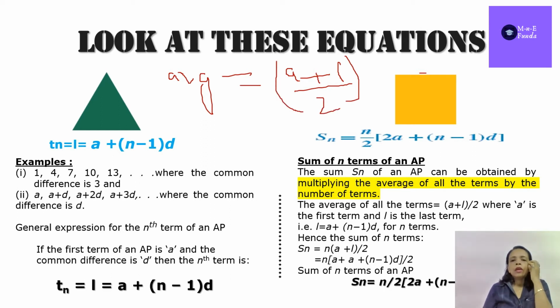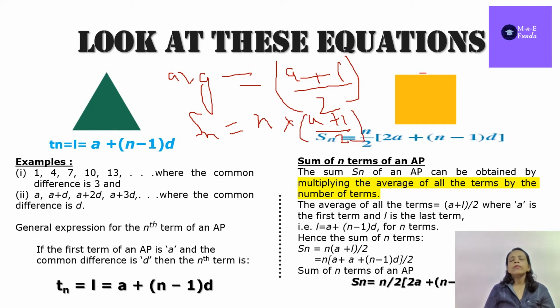Okay, and if I want to get the sum of all n terms, we have to multiply it by n, the number of terms. So number of terms multiplied by average, we get the full sum, the total. So here n multiplied by A plus L by 2.